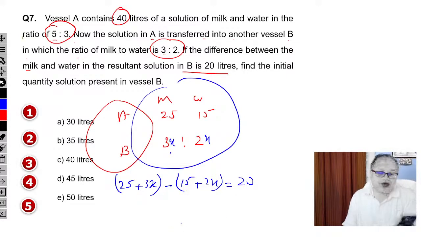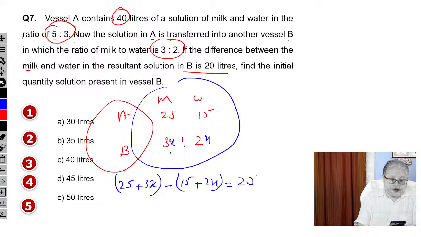Now I am sure you can answer the question. Get the x value, and the moment you get the x value, your question is to find the initial quantity of the solution in B.